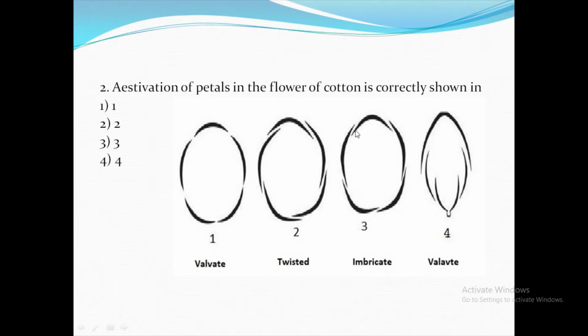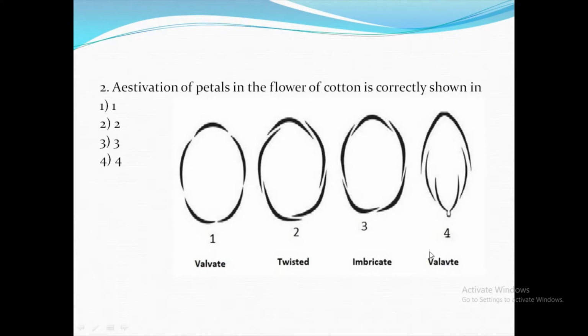In imbricate estivation, the two margins of one petal are completely overlapped. This margin is overlapped, this margin is also overlapped, and there is another petal that overlaps both margins of the next petals, and the remaining petals show the twisted type of arrangement.